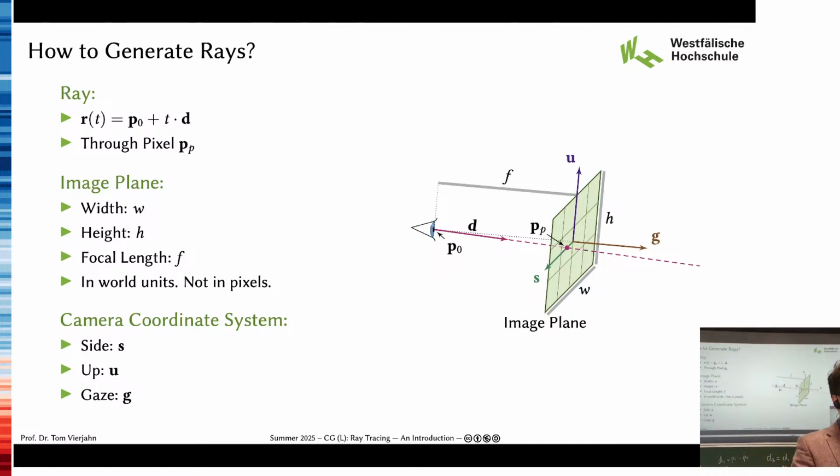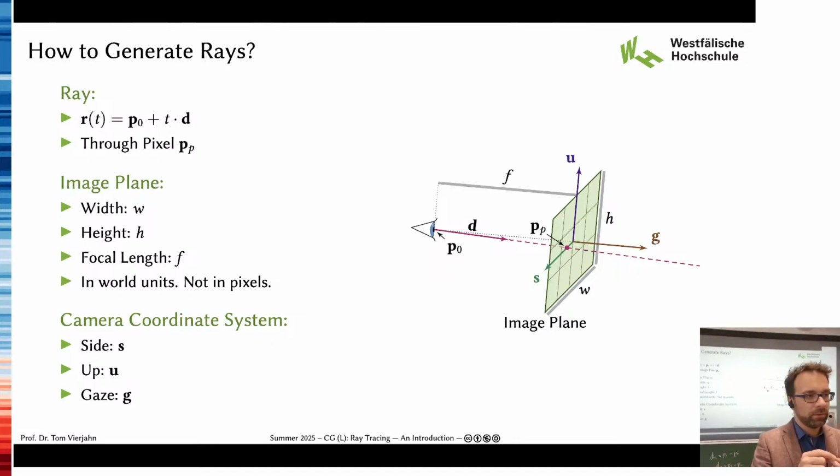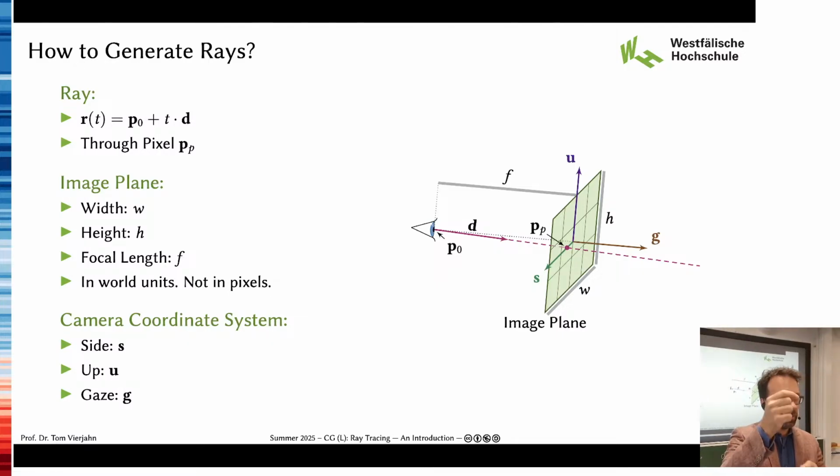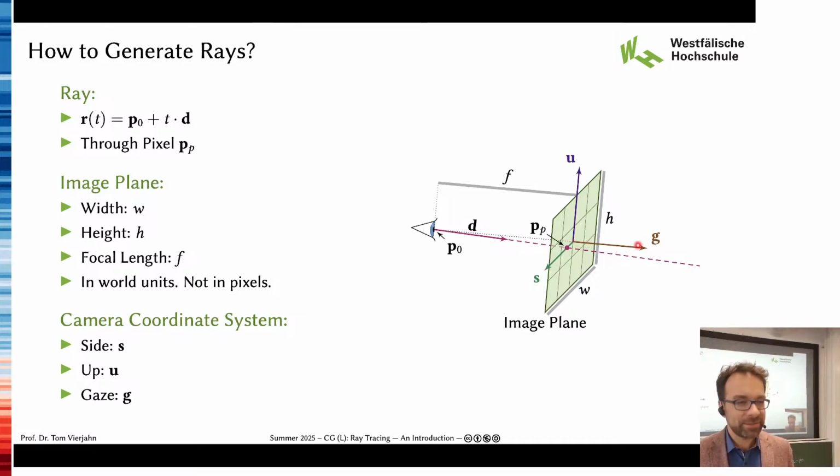The side vector is pointing to the right of the image in the image plane. The up vector is pointing to the top of the image in the image plane. Both vectors are coplanar to the image plane. And then there is one vector orthogonal to both, and that is the gaze direction, the direction that you aim your camera in.